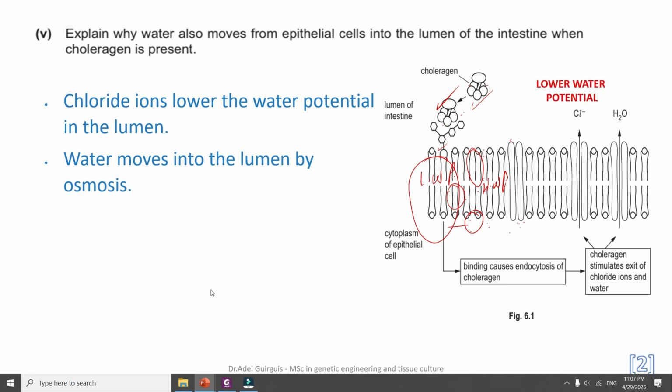Here there is lower water potential in the lumen due to the loss of chloride ions, and higher water potential inside the cells. Water moves to the outside, to the lumen, by osmosis through aquaporins and through the cell membrane in any area.